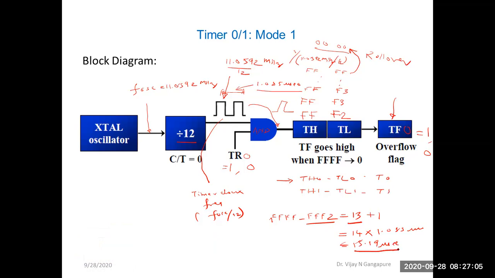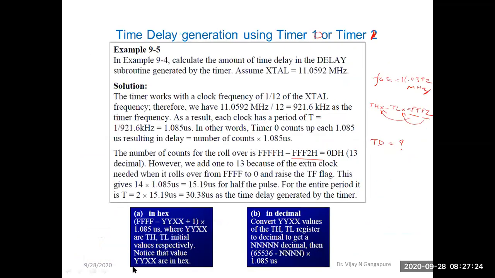This is the time delay that will be generated by this timer 0, when we load the initial value F2 into the timer register and the crystal frequency used is 11.0592 megahertz. For this calculation, we can derive a formula that will calculate how much time delay gets generated.